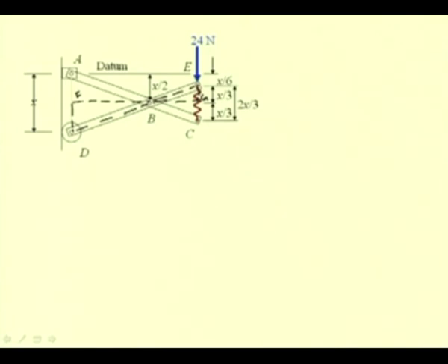So, once this distance EG has been determined, it is possible to determine the distance of this point E from the datum. So, first we determine this EG as x by 3 from the symmetry, and then we can determine the location of this E with respect to datum as x by 6. So, now we see that we have determined all the required dimensions to compute the various potential energy terms.